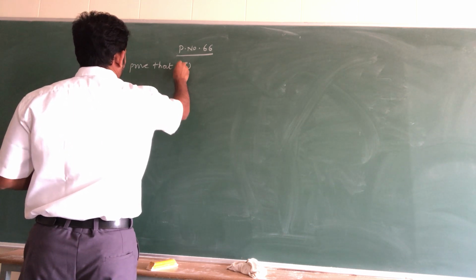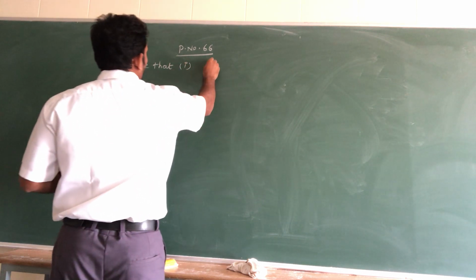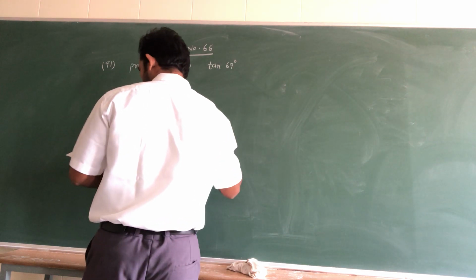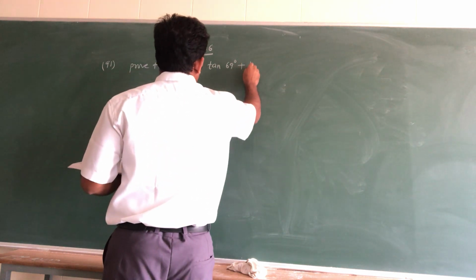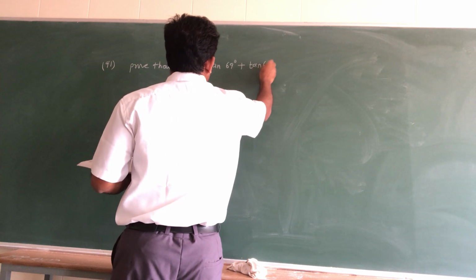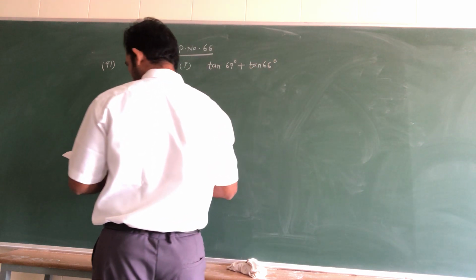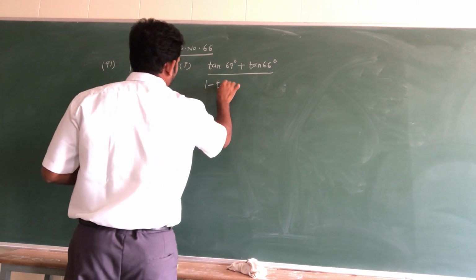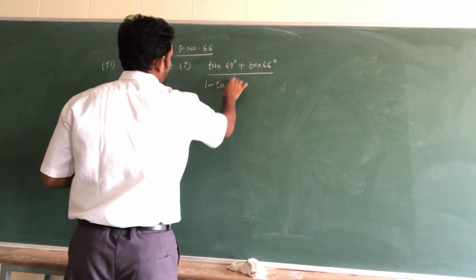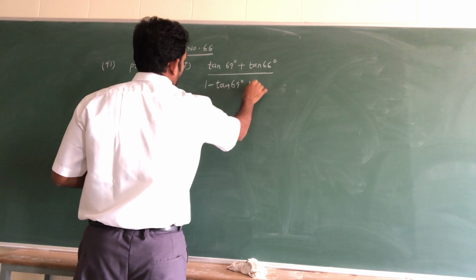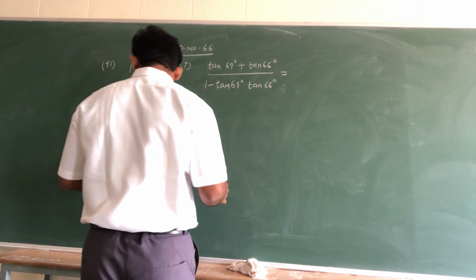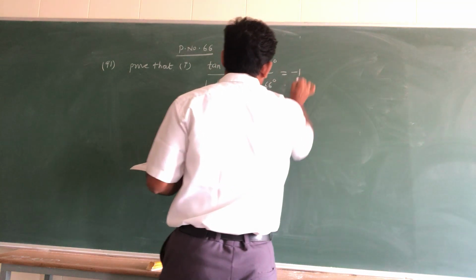First question, tan 69 degrees plus tan 66 degrees divided by 1 minus tan 69 degrees tan 66 degrees, it is equal to minus 1.